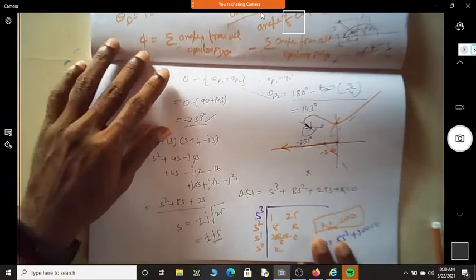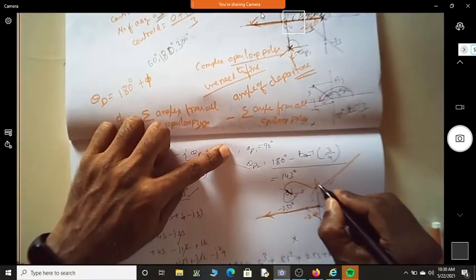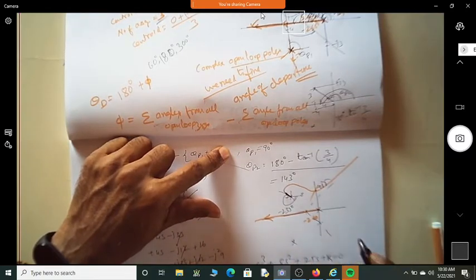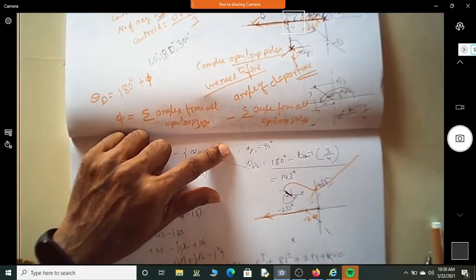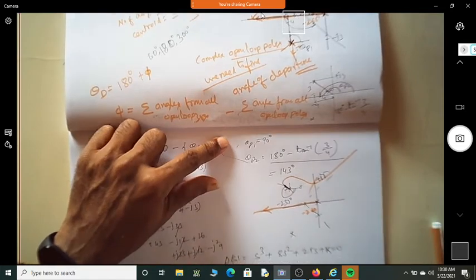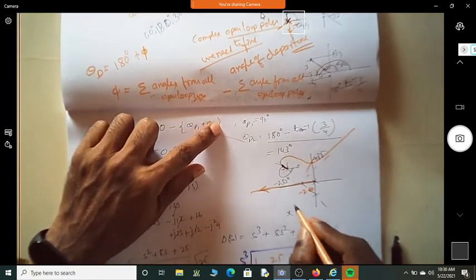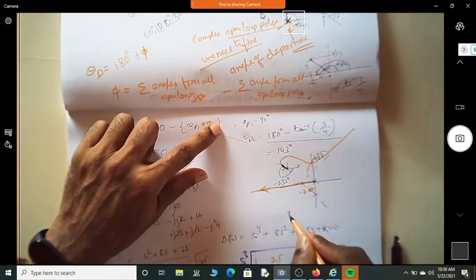Correct. So this is plus j5 and this is minus j5. The other one goes like this.